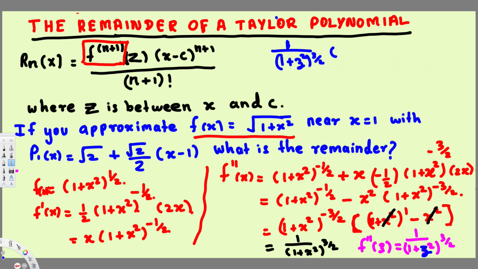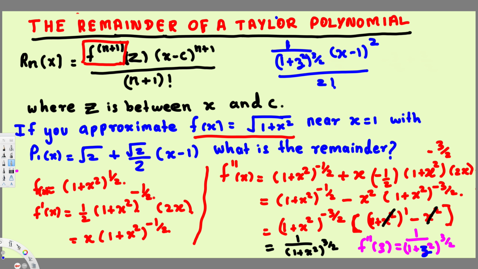So here we have c1, right? So this is going to be just x minus 1 power, this is first degree polynomial, so we are going to have 1 in the n value. So this is going to be 1 plus 1, that's going to be 2. So this is going to be 2 right here, and in the denominator we are going to have 1 plus 1 factorial, so that's going to be 2 factorial.